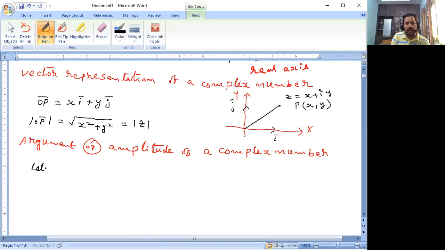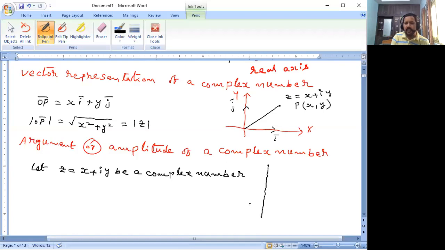Let z is equal to x plus iy be a complex number. The complex number can be represented in the coordinate system as a point. Now see this.